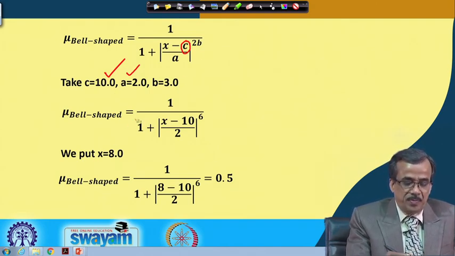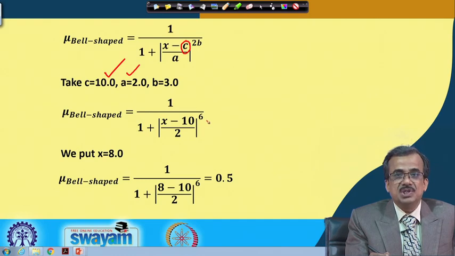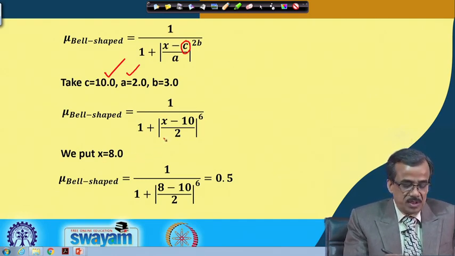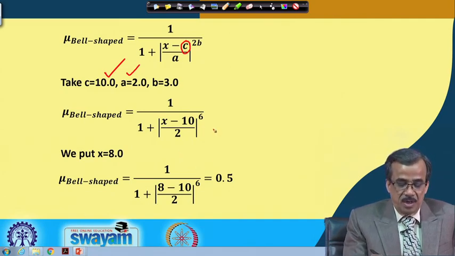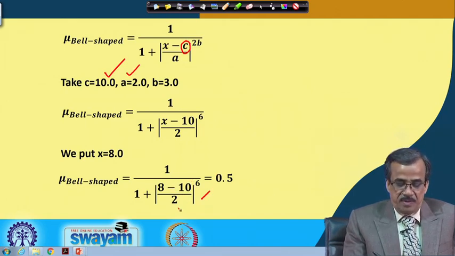Now, mu bell-shaped is 1 divided by 1 plus (x minus 10), so c is equal to 10 and a is equal to 2, raised to the power 2b, that is 6. If we put x equals to 8.0, you will be able to find out: mu bell-shaped is 1 divided by 1 plus the mod value of (8 minus 10) divided by 2, raised to the power 6.